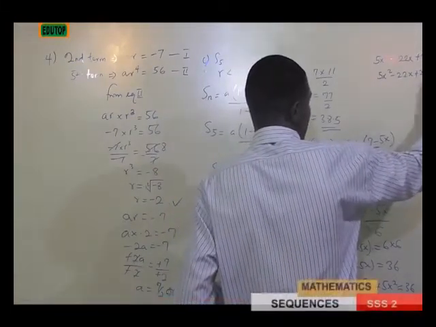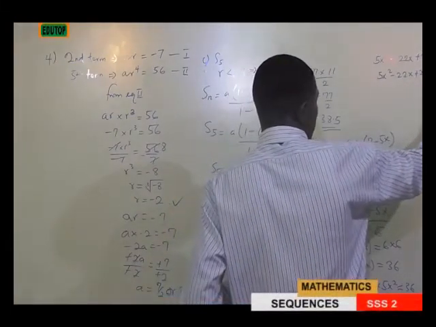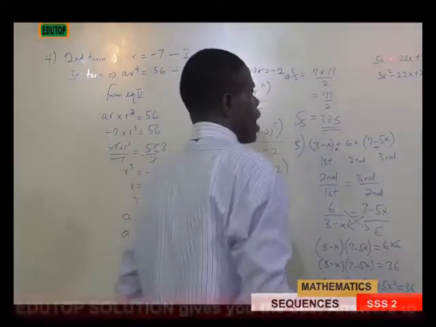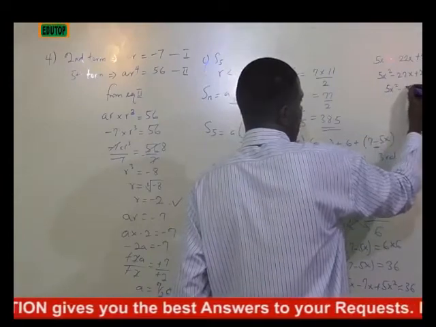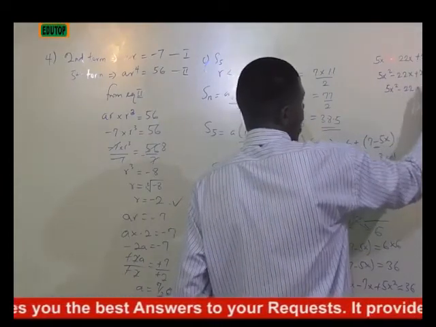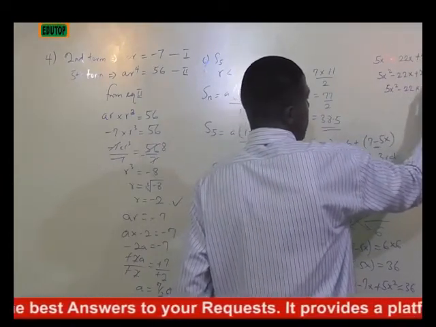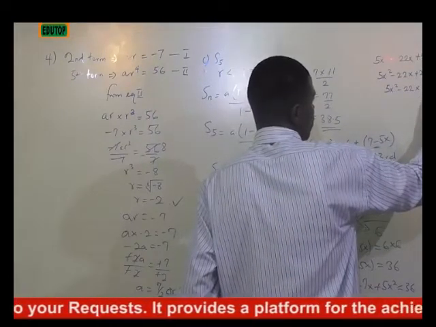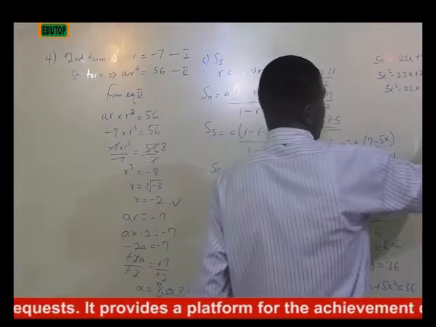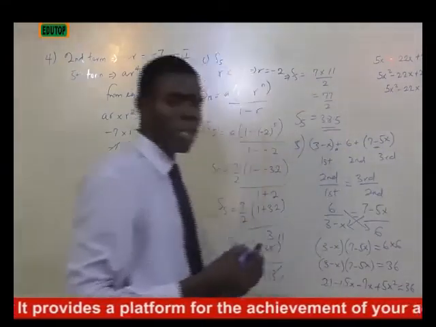When this one comes to the other side, it becomes minus 36 equals 0. And in evaluating this, you have 5x squared minus 22x, and this gives minus 15 equals 0.